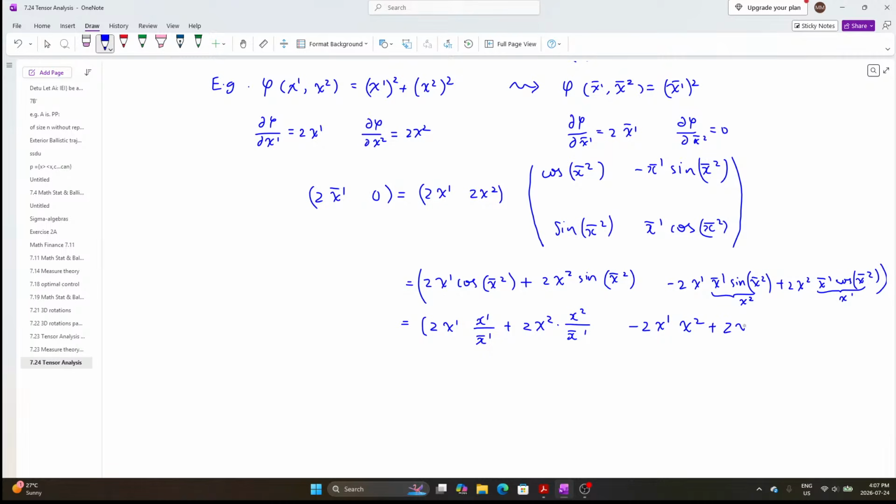So the second term is indeed 0. So you get 2 times x1 squared plus x2 squared, but that's just x bar 1 squared, the distance squared, over x bar 1, and 0. So this is indeed 2x1 bar, 0. Checks out. This should hold, and now it is indeed verified. So we're done.